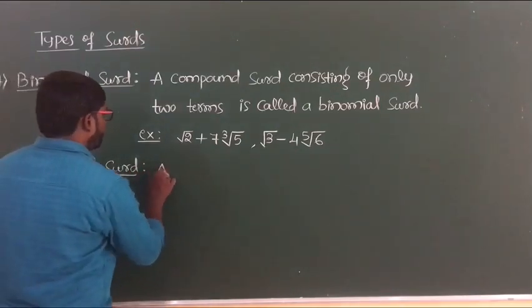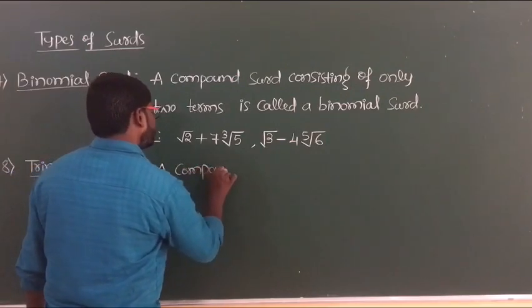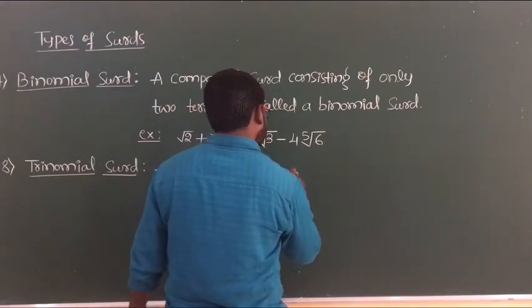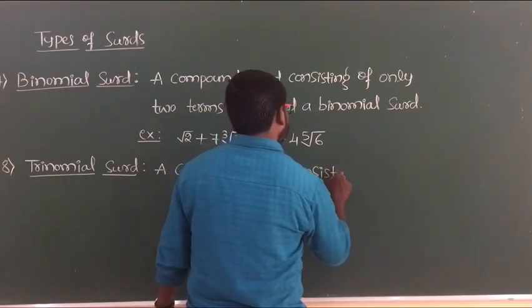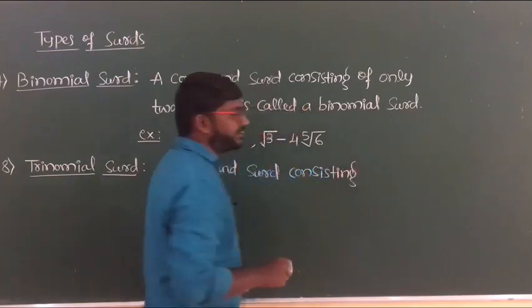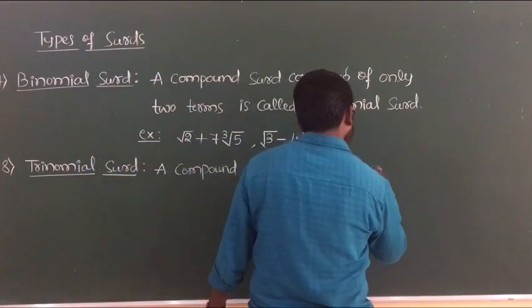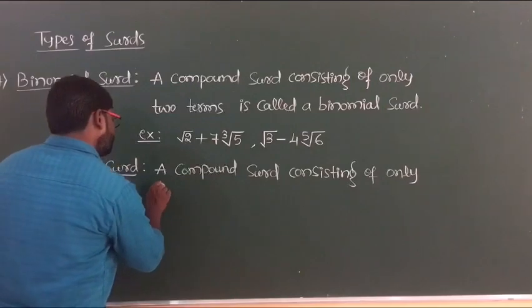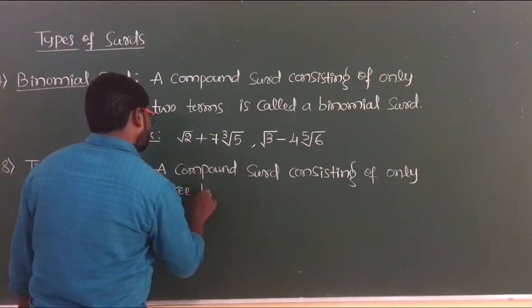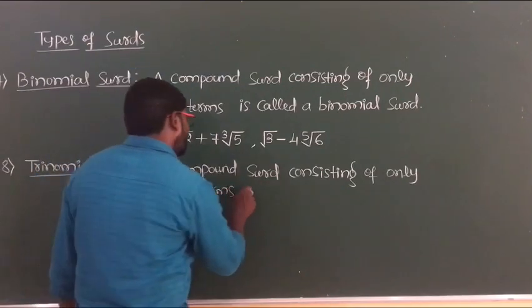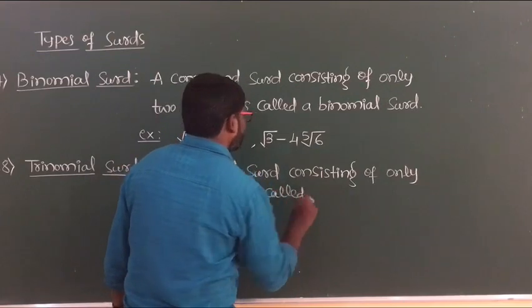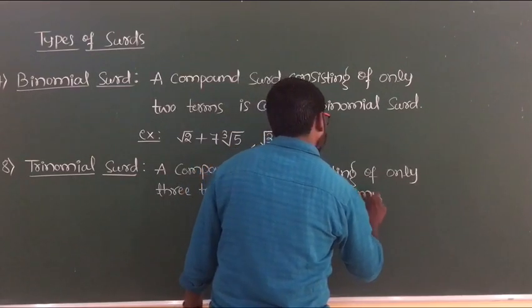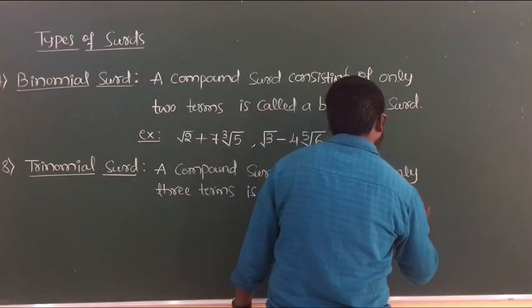So see here, a compound surd consisting of only three terms is called a trinomial surd.